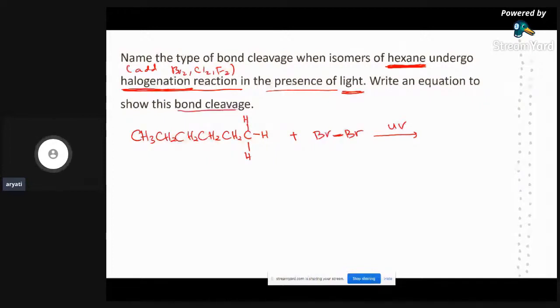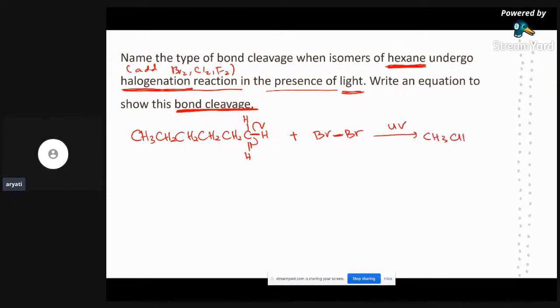So dia kata write an equation to show this bond cleavage. Bond cleavage mesti menunjukkan bahawa dia bahagi bonding sama banyak. So kat sini dia bagi sama banyak. So carbon akan attract one electron, H akan attract one electron. Kamu represent dengan single headed arrow kat sini. So dia akan jadi free radical.